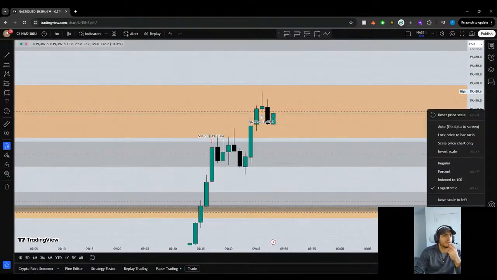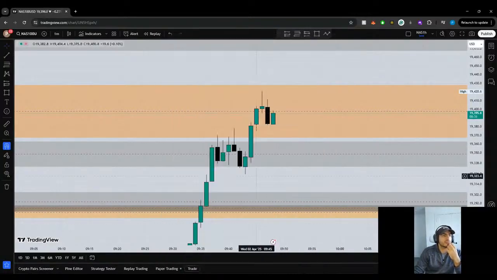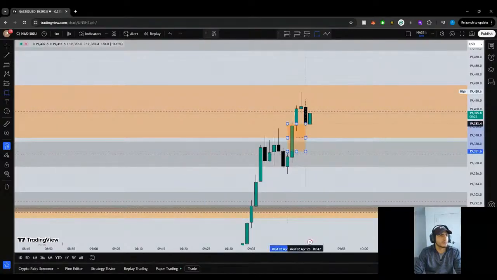Let's take the orders off to have a better view of the executions. Okay, so we got this to this. This to this, it's going to be in gray. And then we have that to that.